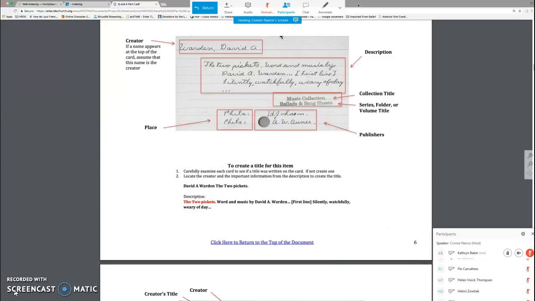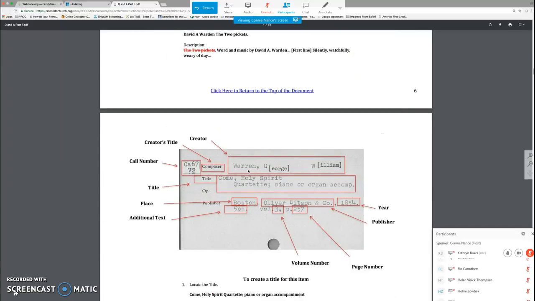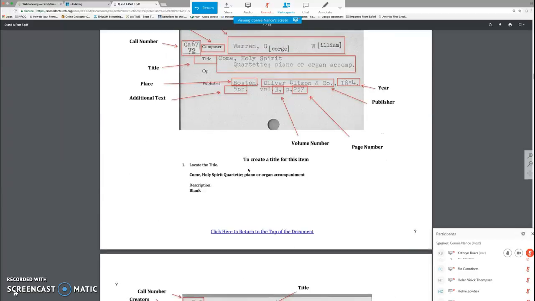In the description, you wouldn't put song, word, and music by. Don't add things to it because you change how things look.